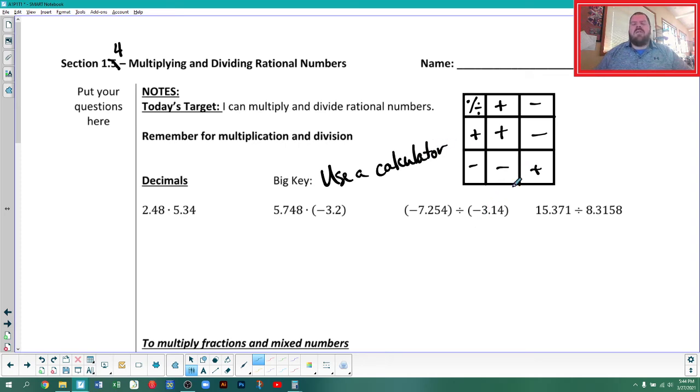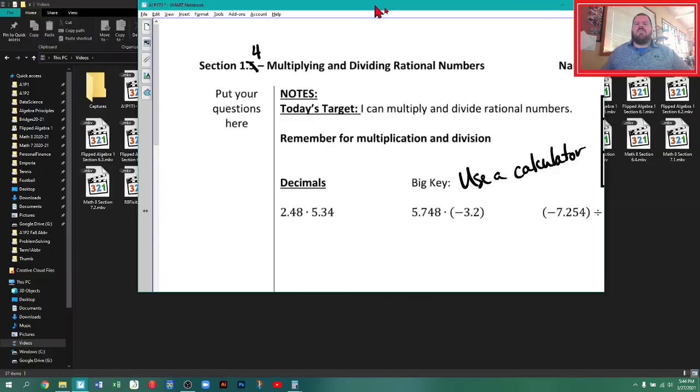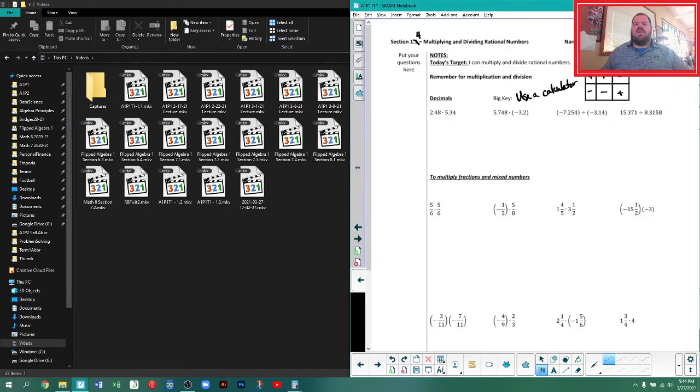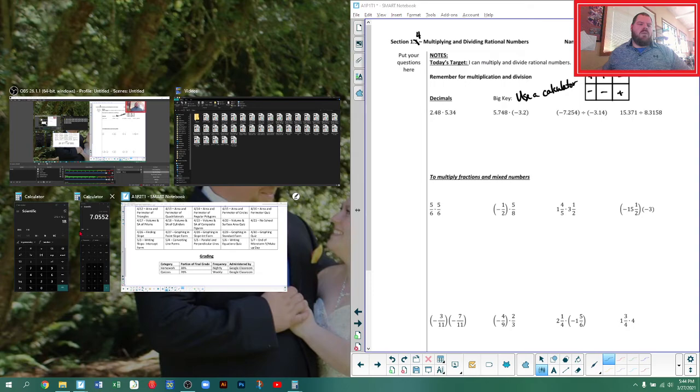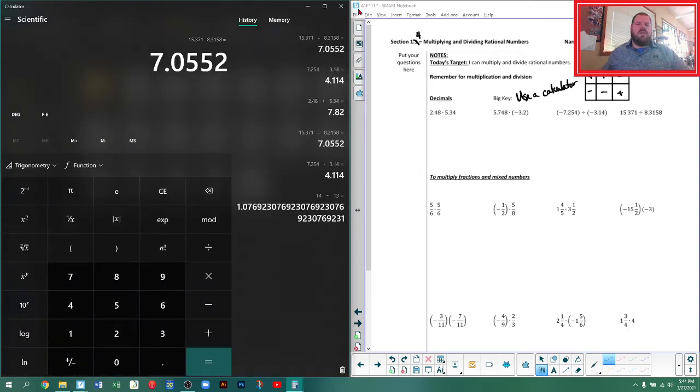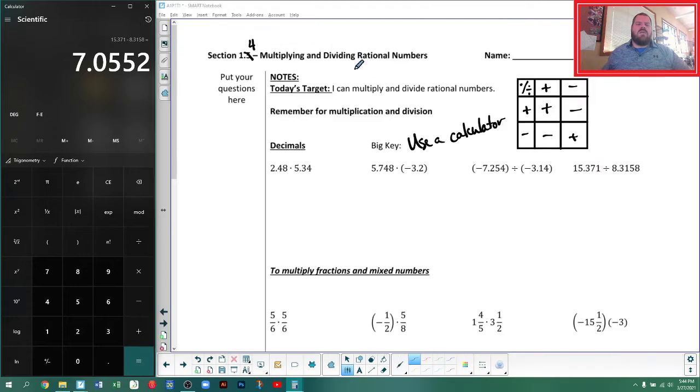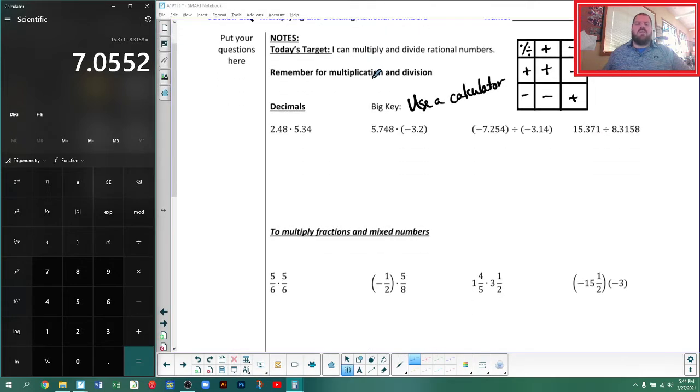calculators are made in a decimal system. So use them, right? Use your calculator to help you out, and it's only going to make your life better. Okay?